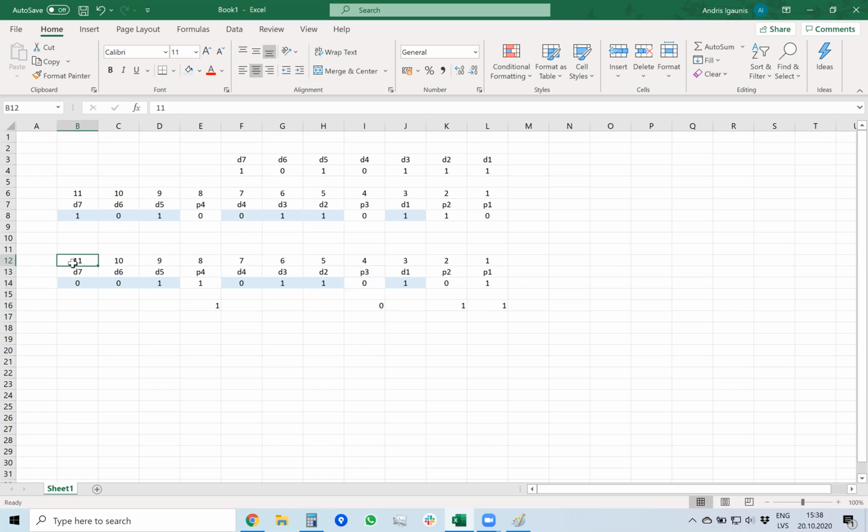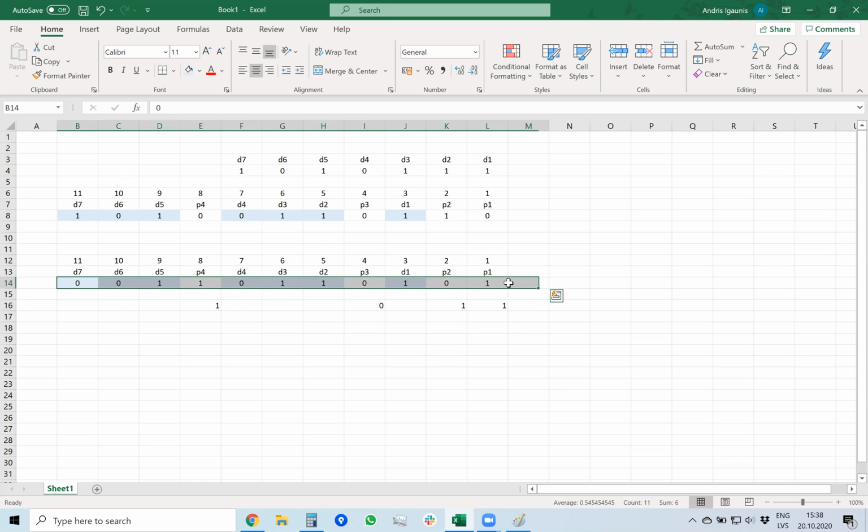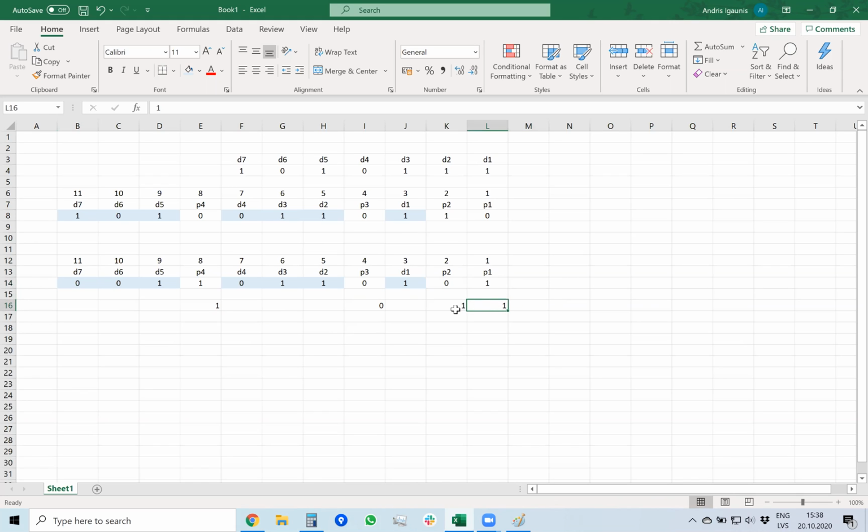So the mistake must be only in location number 11. If it was in a different location, then the combination of parity bits would be different. So this is how the Hamming error correction algorithm works. It calculates the parity on data, and the difference between the parity bits tells you the location of the mistake inside of this transmitted data.